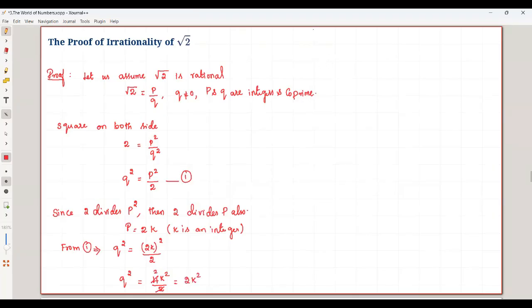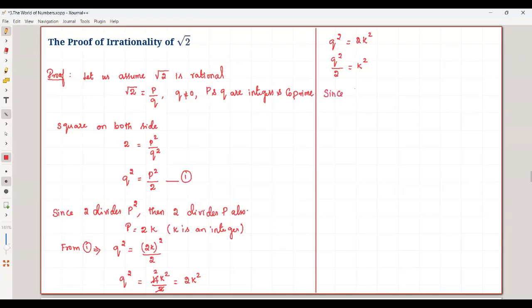Now, what I'm getting is Q square is equal to 2K square. Now I'm taking 2 to this side, so I'll be getting Q square divided by 2 is equal to K square. That means here 2 divides Q square. Therefore 2 divides Q also.